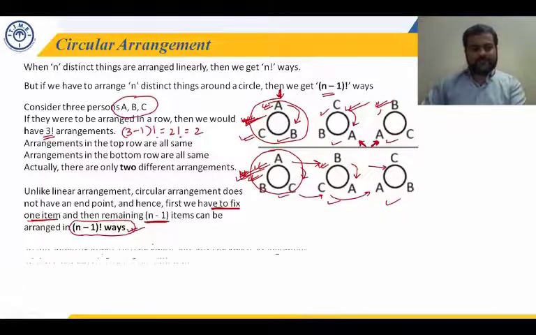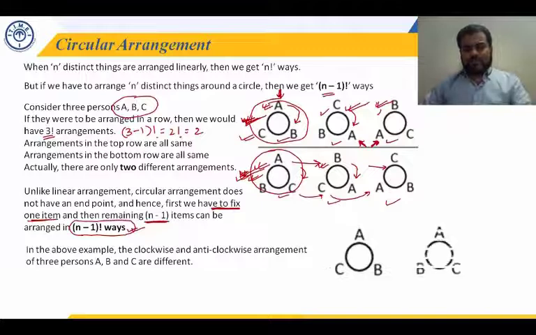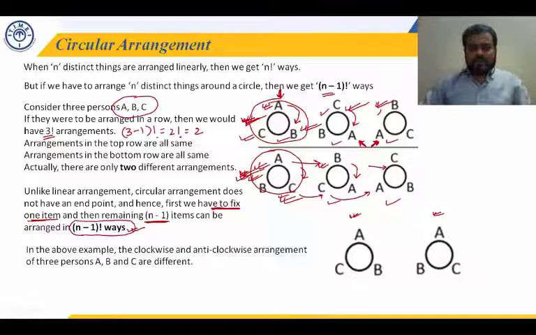Fine. Now in the above example, the clockwise and anti-clockwise arrangements of 3 persons are different. Okay. So what do we mean by this? Let's take these two figures. So we said these are two different arrangements, right? These two are different arrangements, because in this case, if you look at the clockwise arrangement, it is ABC.